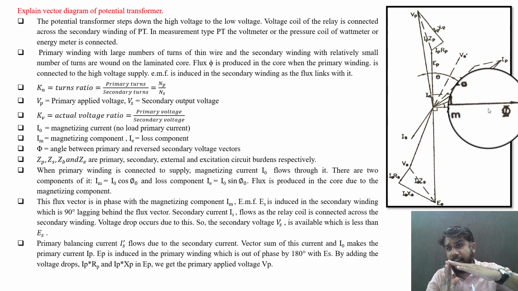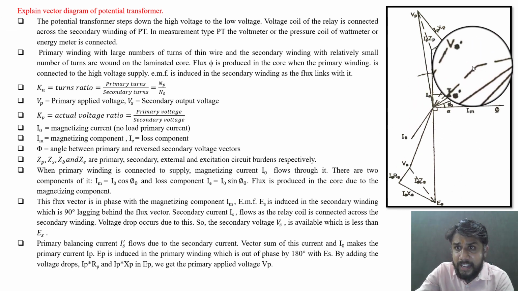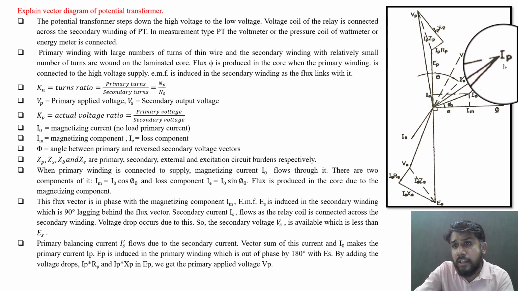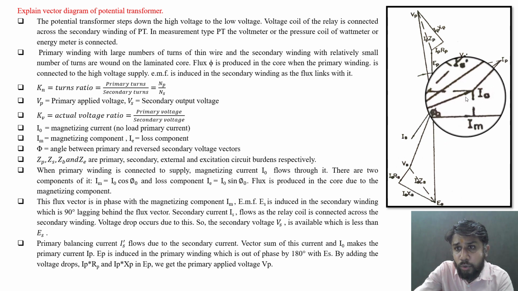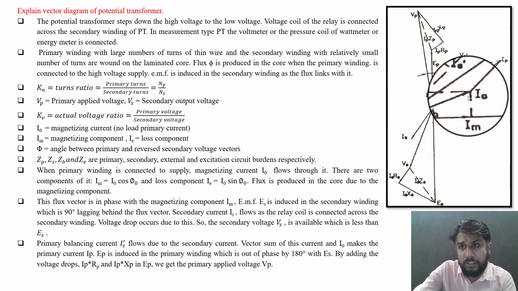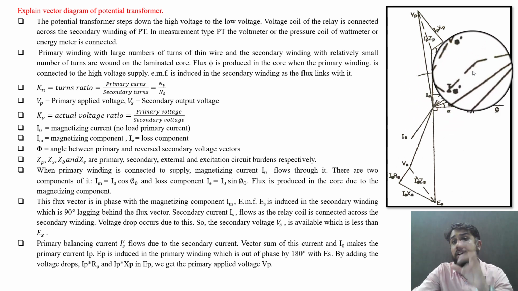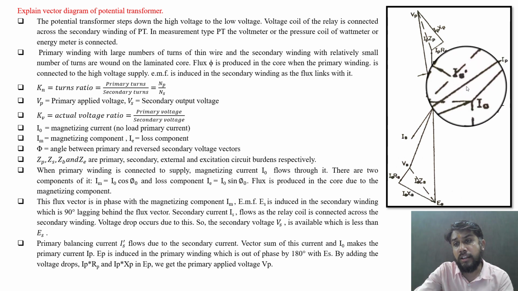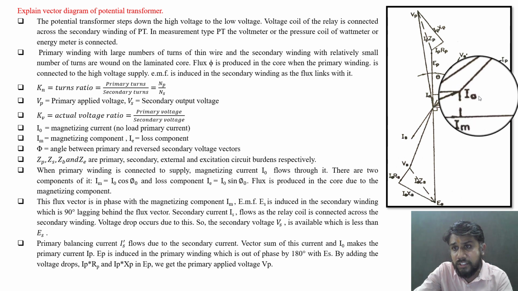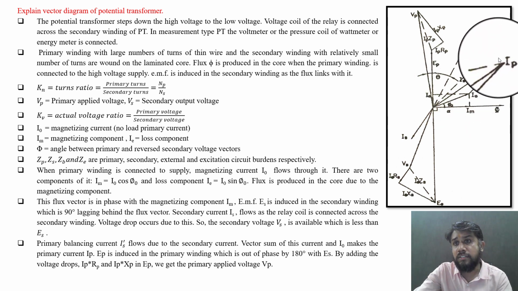Now this IA current adds vectorially with the transformed secondary current IS dash, giving the I0 current, the no load primary current, and this is IS dash, the current flowing in the primary winding. So the total current of the primary winding is the vector addition of this I0 and IS dash. So this is IP.